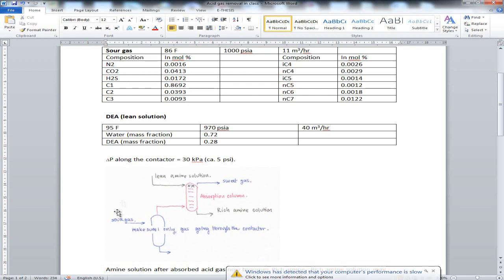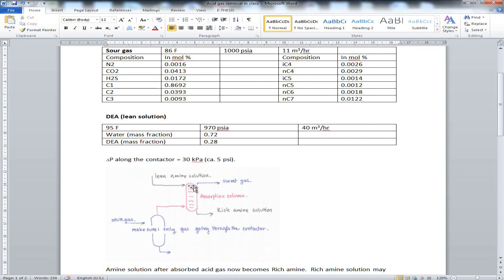So in this case, in the primary configuration, the sour gas will be checked to make sure that only gas will go to the bottom of the contactor, using a flash drum, and then we will have lean amine solution sprayed down from the top, and the treatment will be in this column.